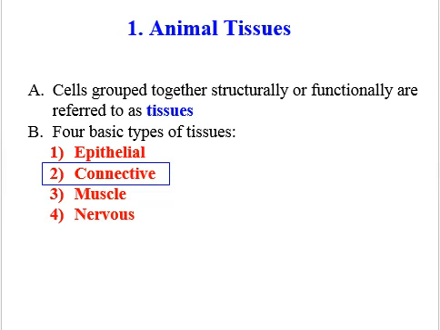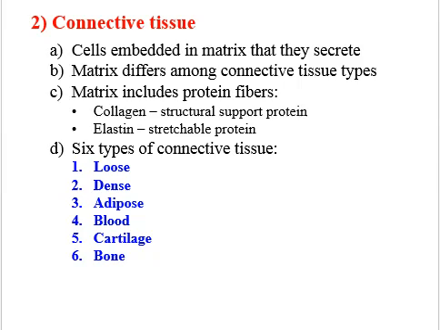Another very versatile type of tissue is connective tissue. Connective tissue is well represented in the body of animals. And there's a number of different types of connective tissues, as we'll see, and as you can see down here, these 6 types. Basically, what they are is like a background with cells in them.